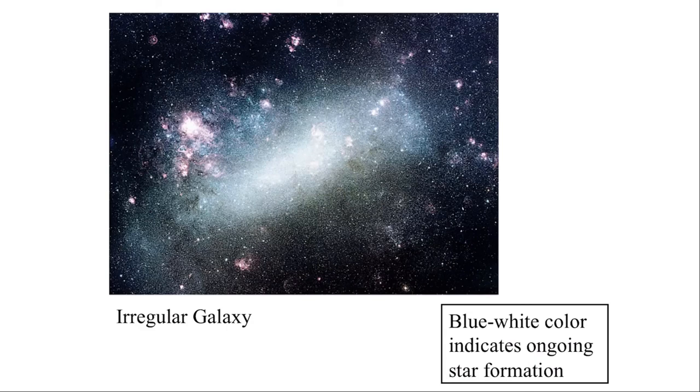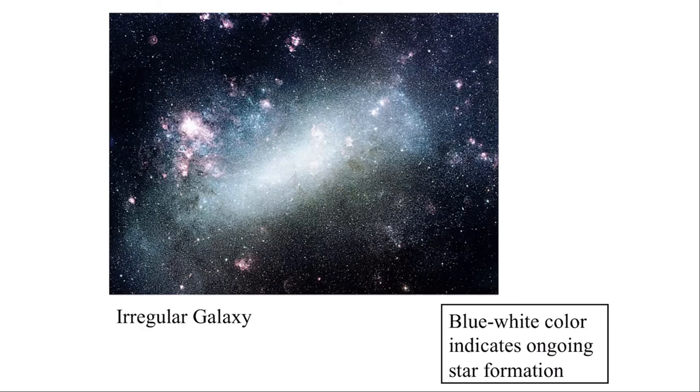It doesn't have any sort of spiral arms, but what it does have is a lot of other stuff going on. This is a galaxy where there is still a lot of nebulas. There's still a lot of star formation going on. There's still a lot of blue colored stars, very young stars. And so this doesn't fit the traditional elliptical galaxy mold. And so we call it an irregular galaxy instead.